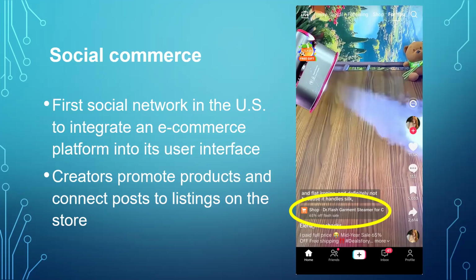Up top, there are the various views, the various scrolls, right? There's live, there's the For You page, there's the following page, but then at the bottom, homepage, friends, there's the plus button, which is to add a new video, an inbox, and then the profile. So that shop button, kind of midway down there, that I've circled, is the only way to get to the shop from here.